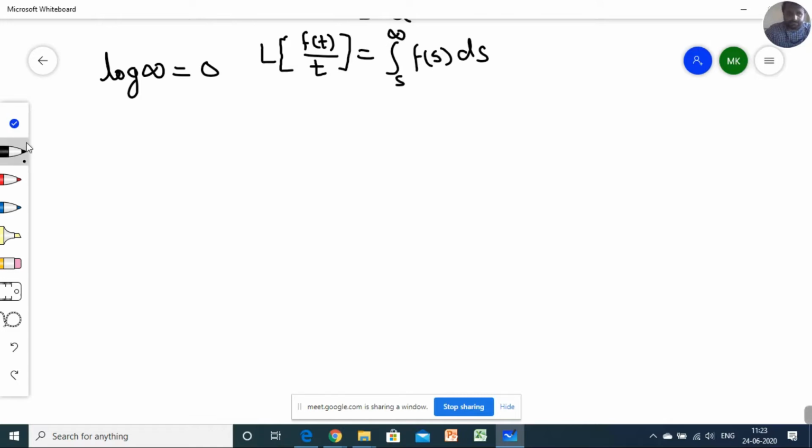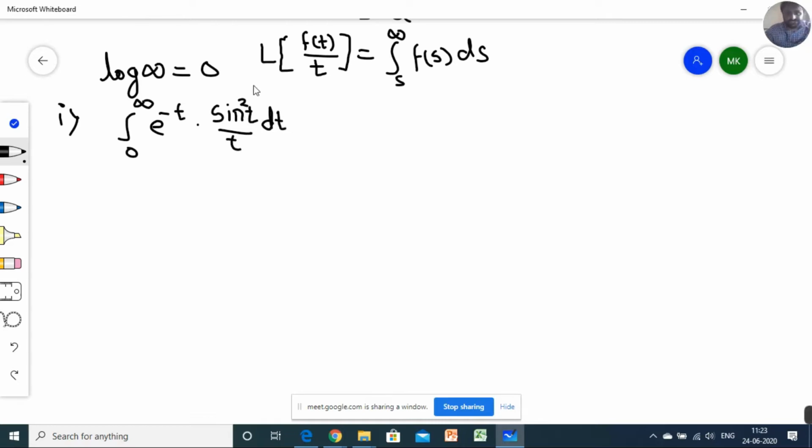Now I am going to start the first numerical, in which we have to calculate integral 0 to infinity e raised to minus t into sine square t upon t into dt.